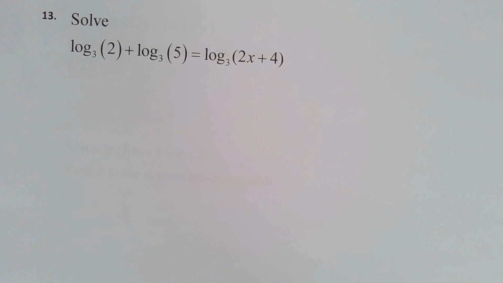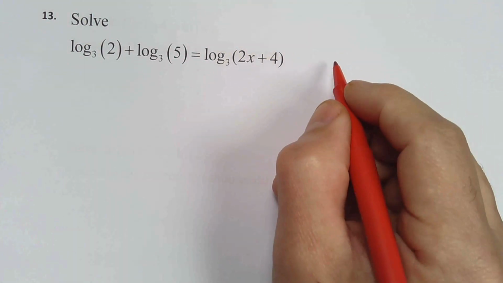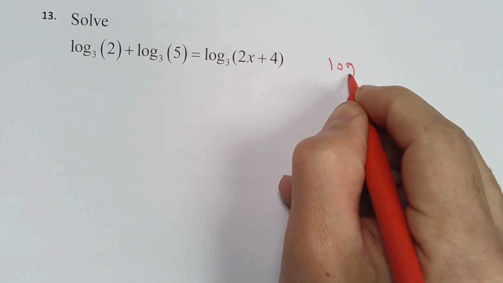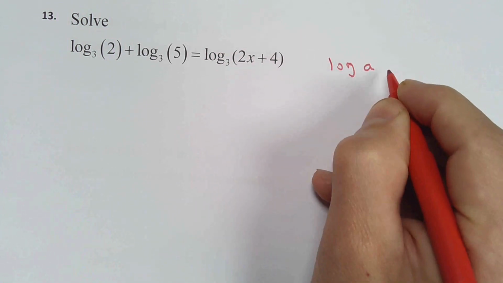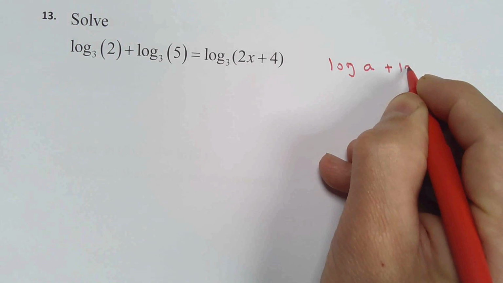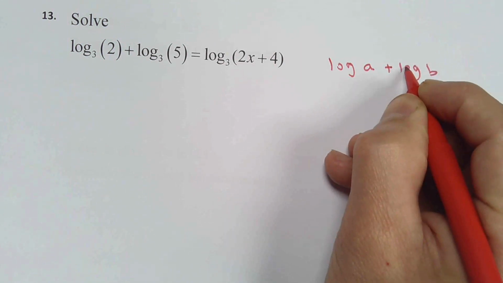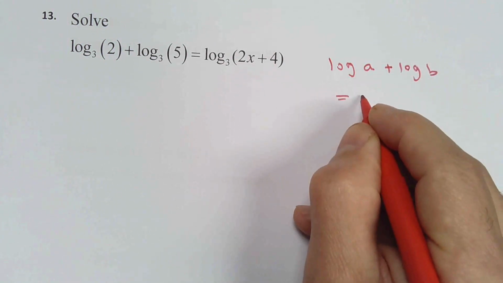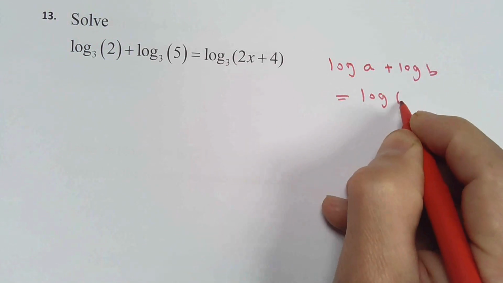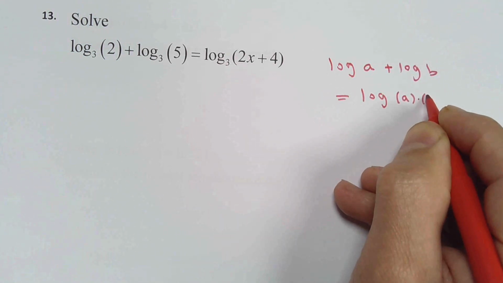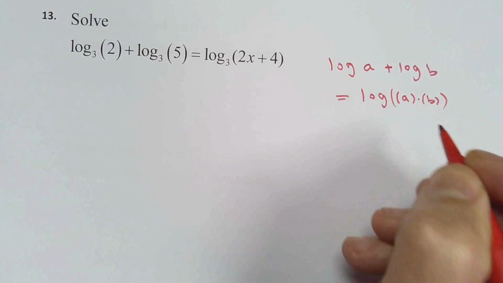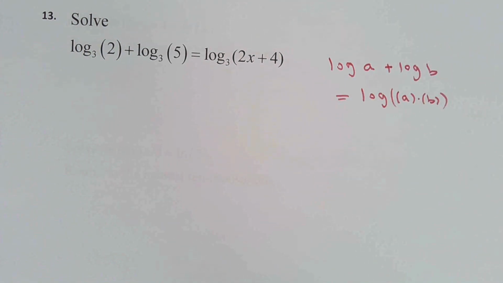Number 13, write the following or solve the following. One of the formulas says that log A plus log B becomes 1 log with the product of A and B. So we're going to apply to the left.